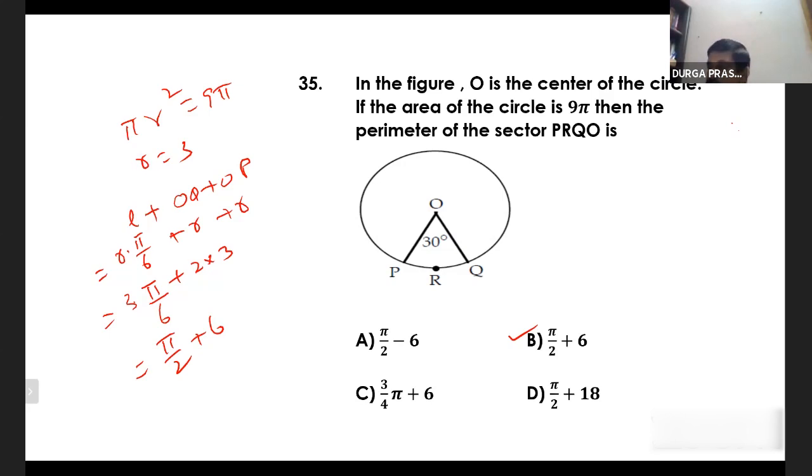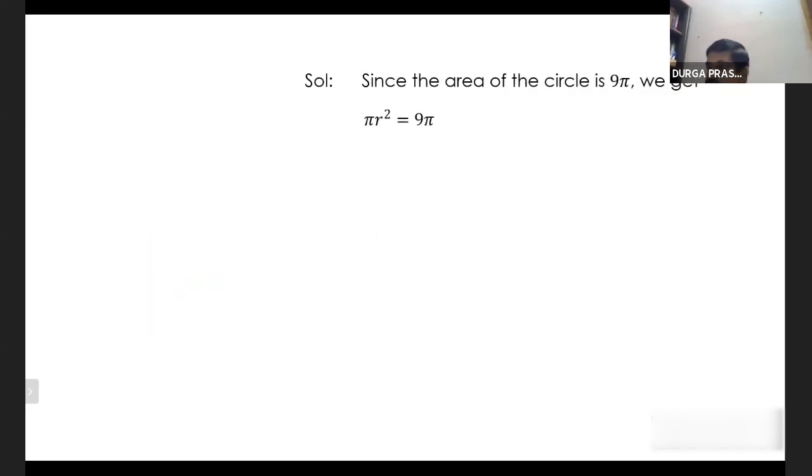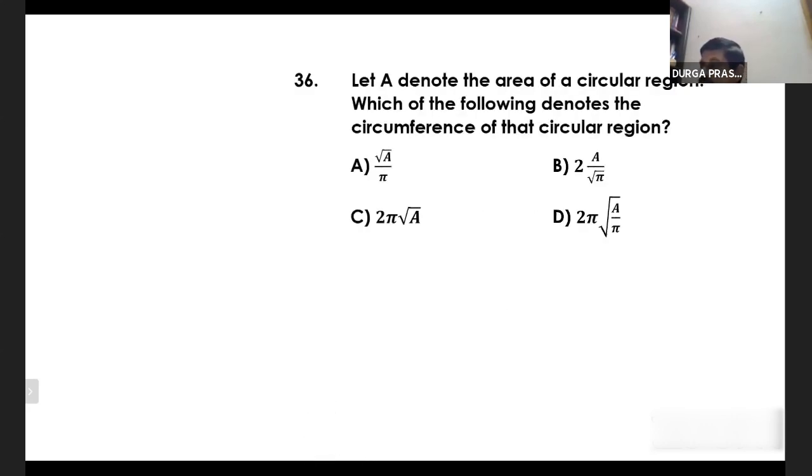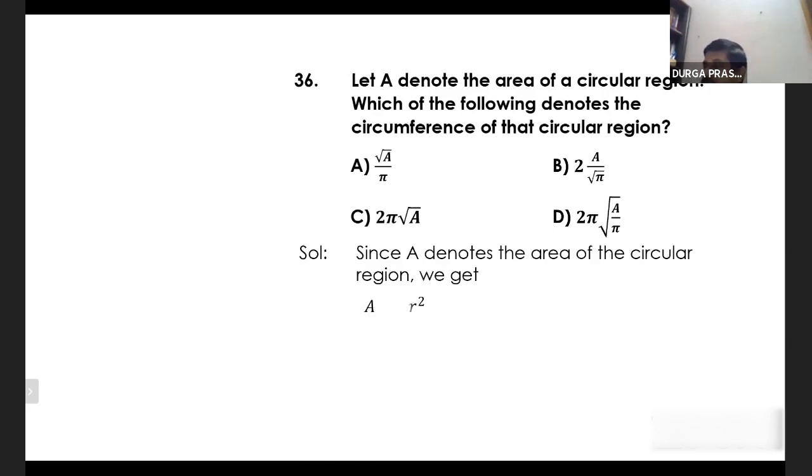So let us go to the next question. Let A, capital A, denote the area of the circular region. Which of the following denotes the circumference of that circular region?